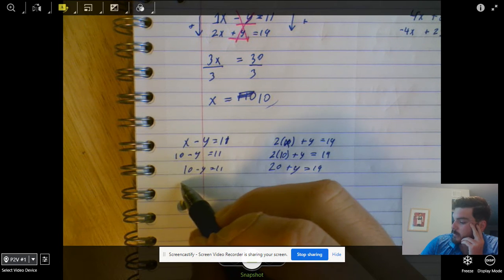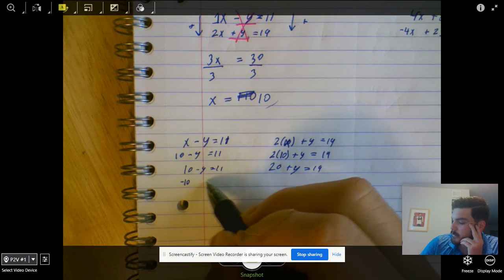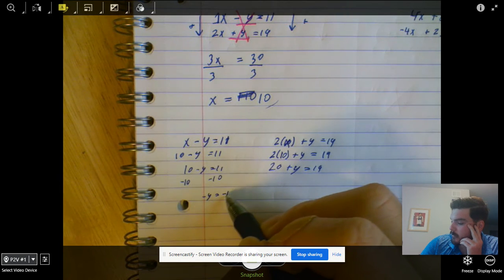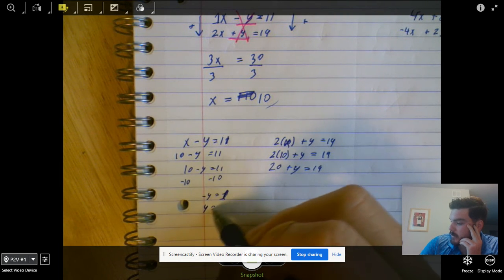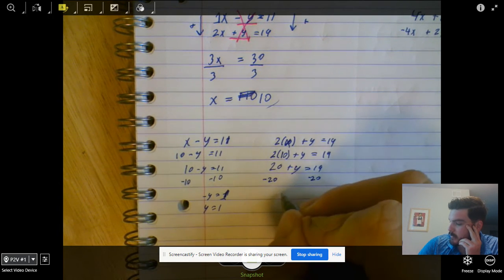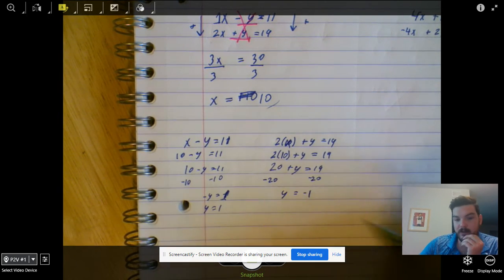We just need to show which one it goes into. So I'm going to subtract 10. Then I have negative y equals negative 1, or positive 1, so y equals 1. And over here, I subtract 20. y equals negative 1.